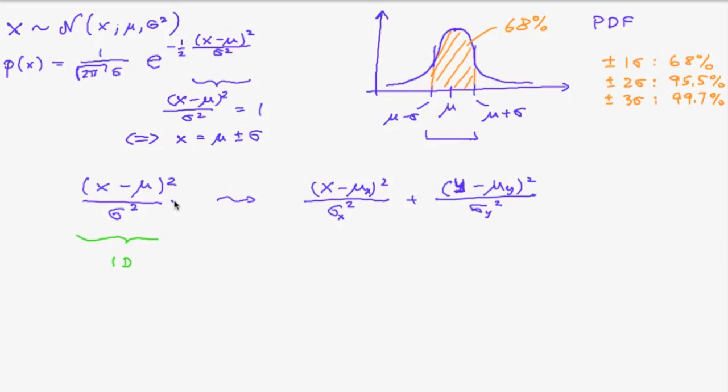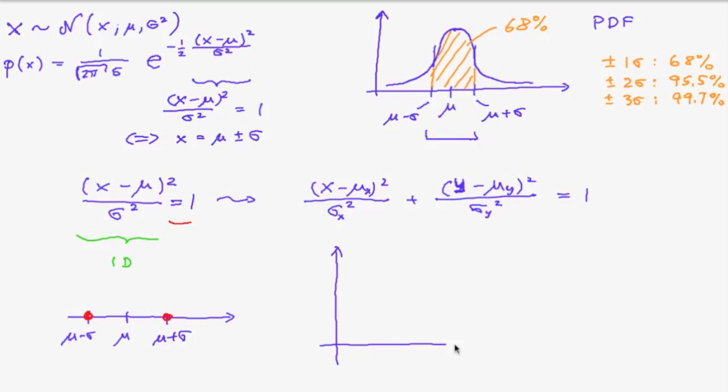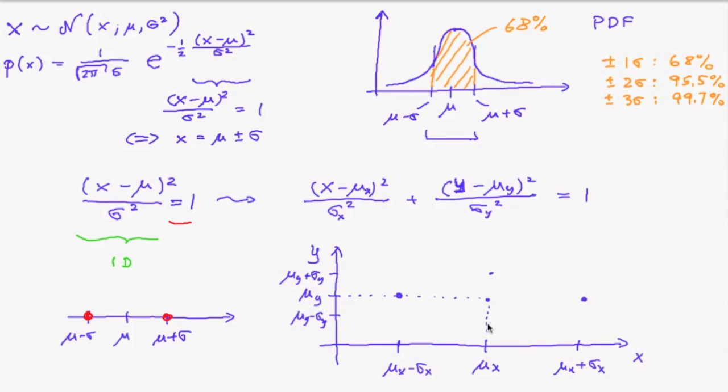And so we have seen if this is 1, this means in our 1D world that we are either here or here. Whereas if this is 1, this now means in our 2D world, where we have mu x here and mu y here, that we will be somewhere between here and here, but also between here and here. So this condition is fulfilled by the points lying on this ellipse.